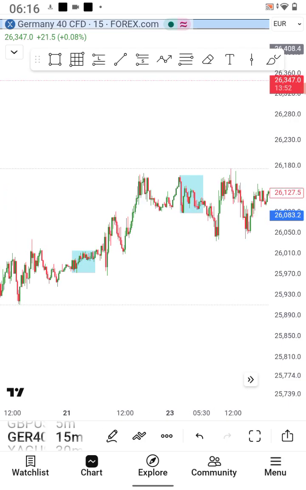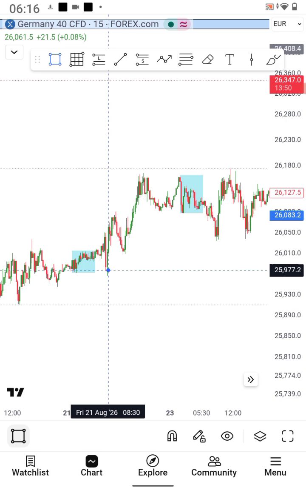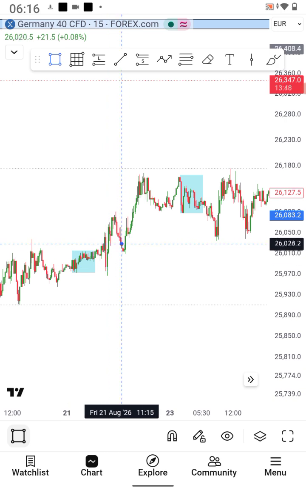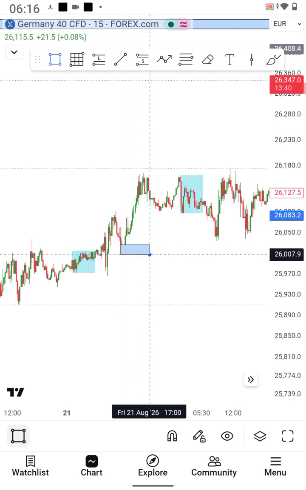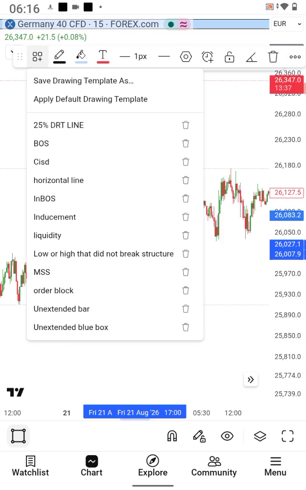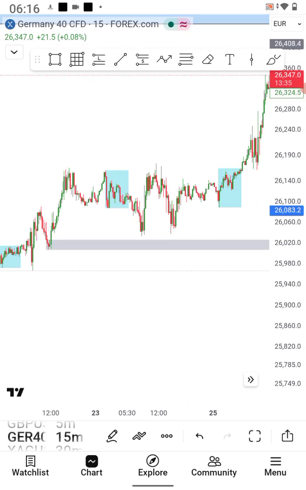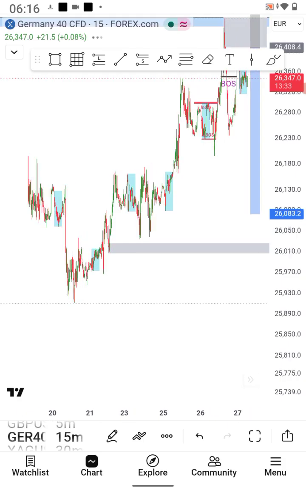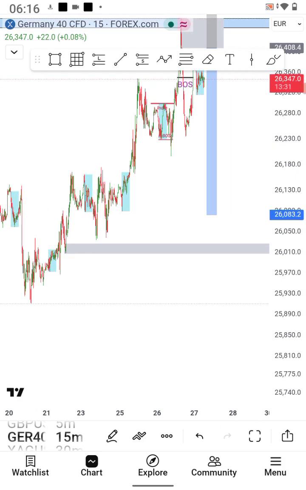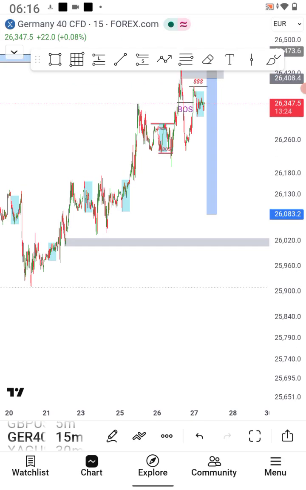I think this was where I had the entry that day. So I had that entry here. You can see that market did not give it to me. Market came close to it, and then it flew up.